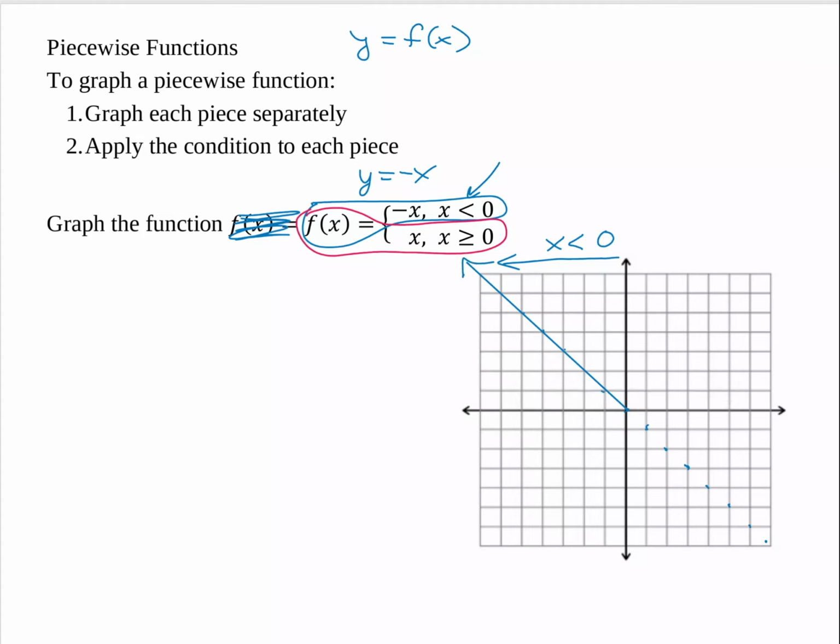So it goes forever to the left, but not to the right, past 0, because I'm only going to be able to graph this for when x is less than 0. Now, can x be exactly 0 or no? No, because it doesn't say or equal to on that x is less than 0. So that means I'm going to have to represent that with an open dot, just like we do on a number line.